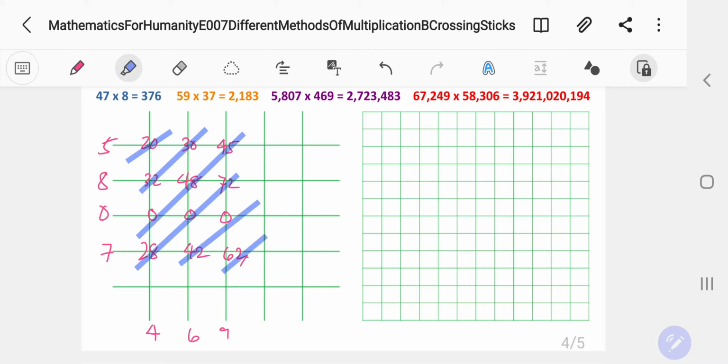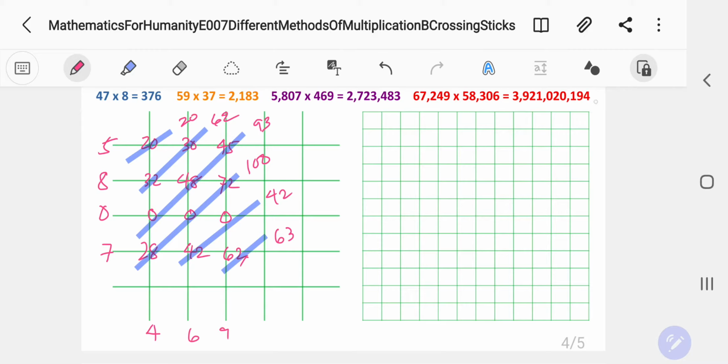So let's start at the bottom, we have 63, and then 42 plus 0 would be 42. 28 plus 72 would be 100. And then 48 plus 45 would be 93. And then 32 plus 30 would be 62. And then 20 here.